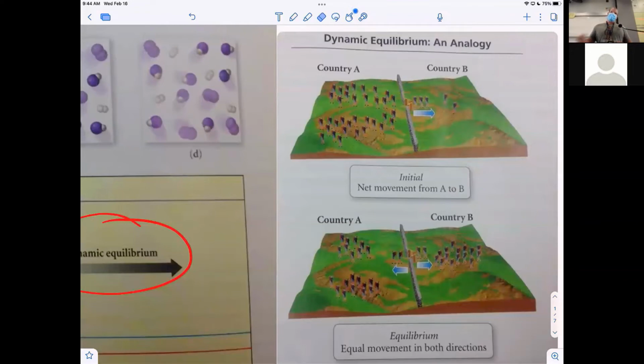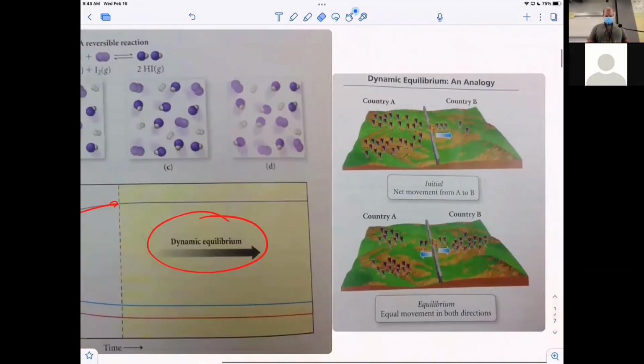A lot of people rushed over to West Berlin, but then over time, people are still moving back and forth, but it's kind of equilibrated. It's equilibrated where the rate in this direction is the same as the rate in that direction, and that's equilibrium. It's not like immigration doesn't happen. The idea is that it evens out.